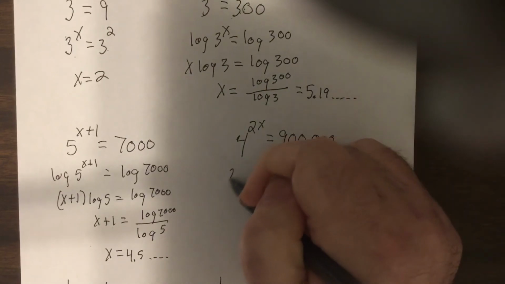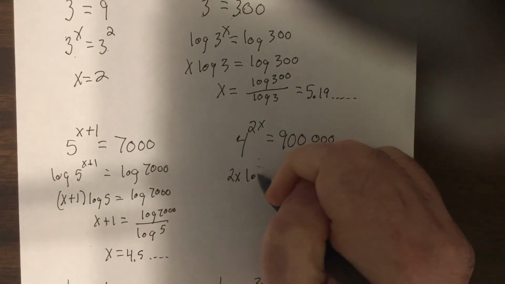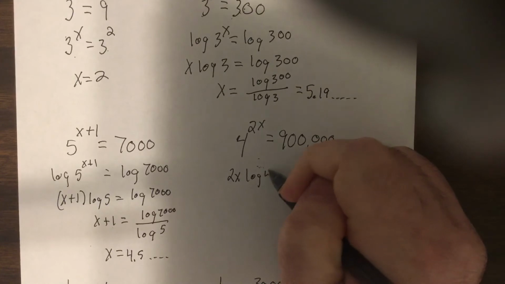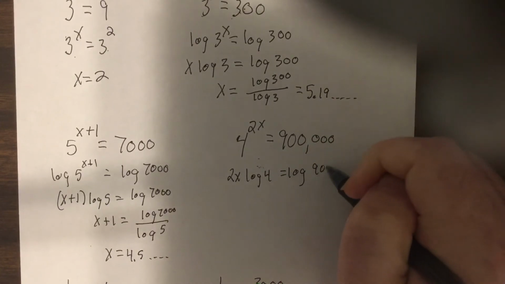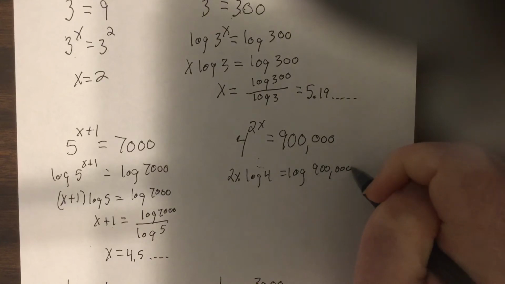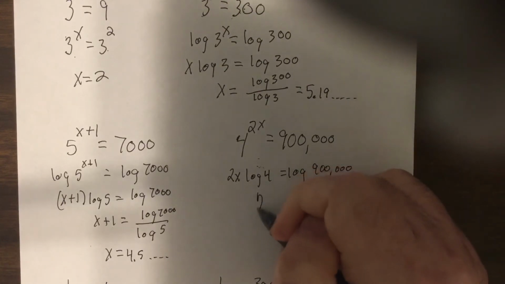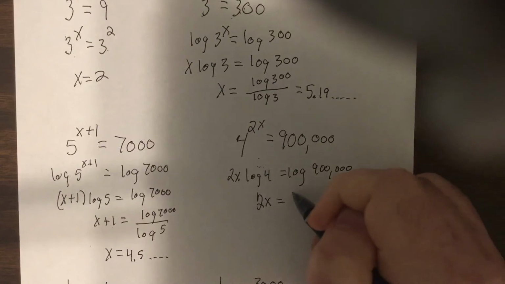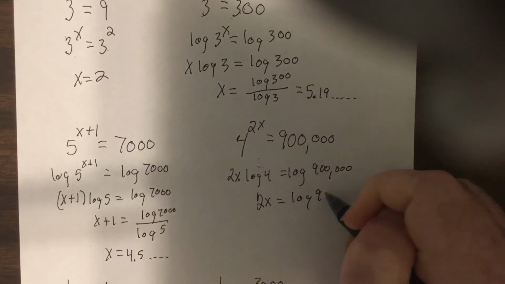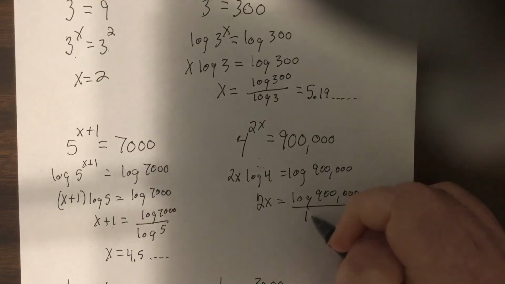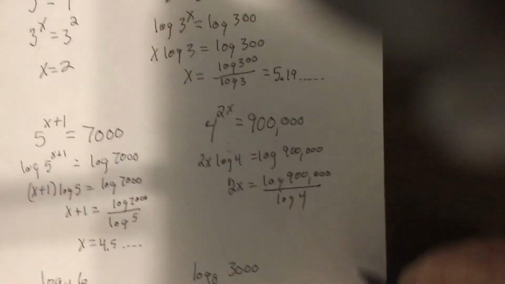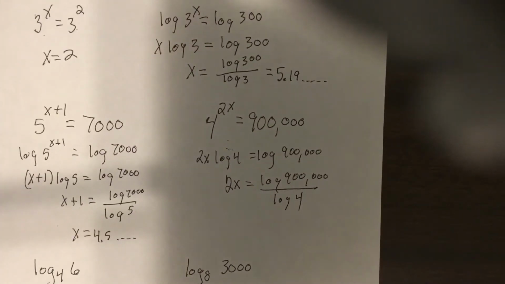So, I'm going to skip a step. You'd have 2x log of 4 equals log of 900,000. Divide both sides by log of 4. So, let's see.